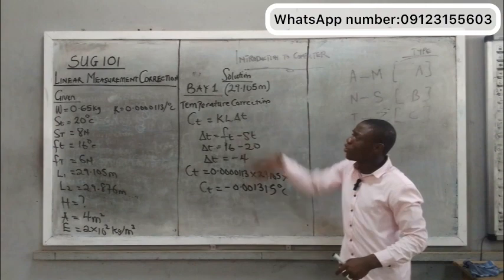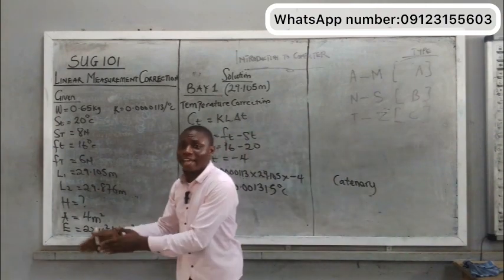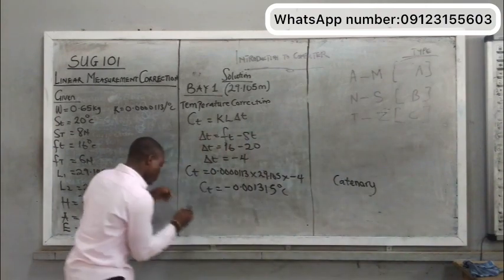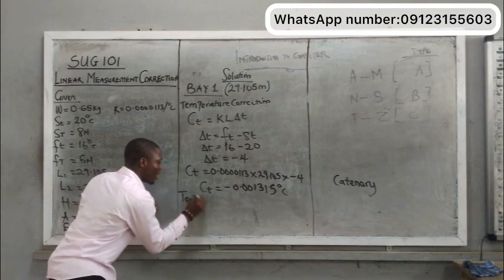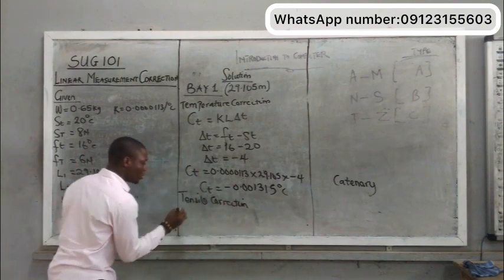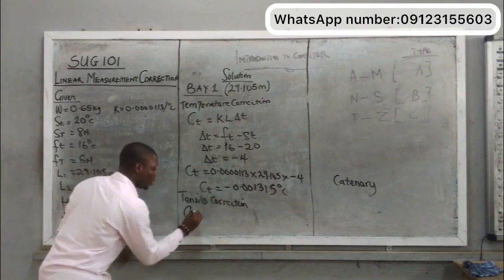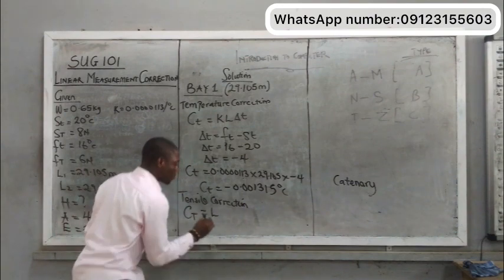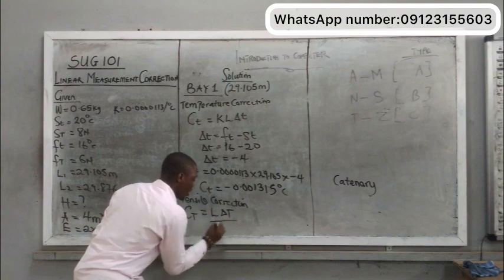Let's consider the tensile correction. Tensile correction CT is equal to L times change in T over AE.